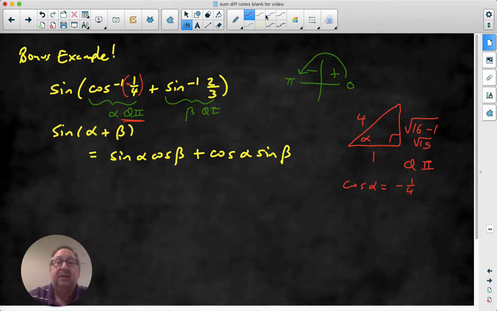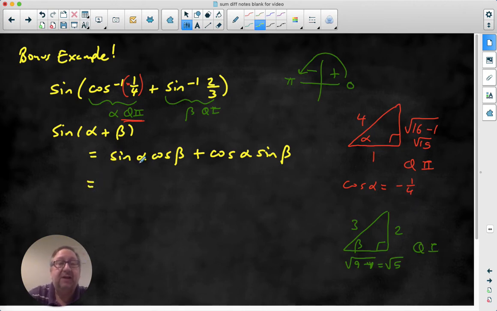And if we look at the triangle for beta, the sine of beta is 2/3. So there's my 2/3. And the missing side then is the square root of 9, 3 squared minus 2 squared, so 9 minus 4, square root of 5. And this is a quadrant 1 angle. That should be all we need to get the answers here.